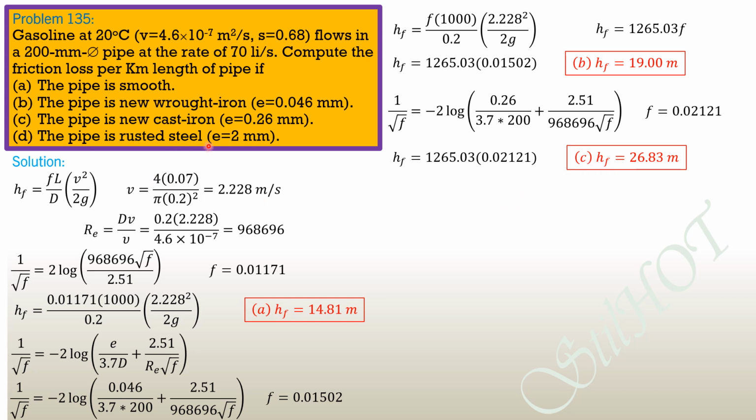26.83 meters. Based on our experience, this pipe, which is rusted steel, has an absolute roughness of 2 mm, so definitely this behaves as fully rough. So we use the formula 1 over square root of F equals 2 log of 3.7 over relative roughness, which is E over D. So 1 over square root of F equals 2 log of quantity 3.7 over 2 over 200.